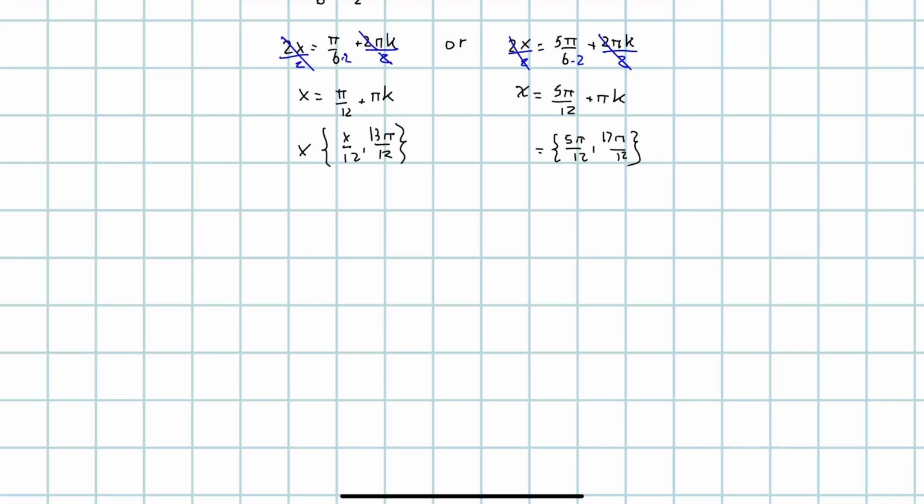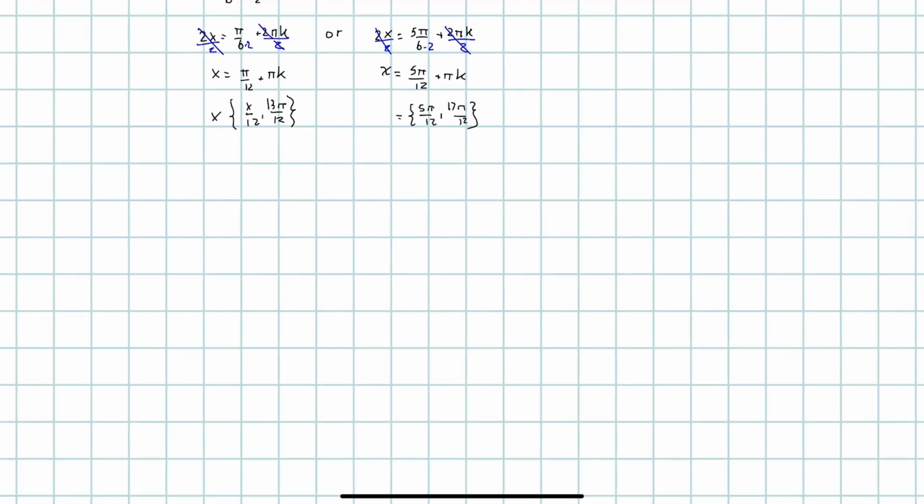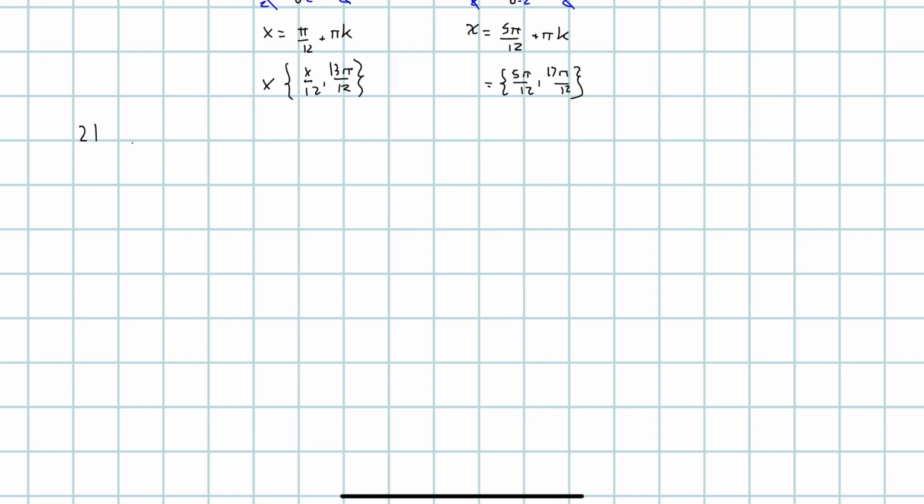Now, let's do another problem. Let us do this problem, question 2. Cosine 3x is going to be equal to the square root of 3 over 2.